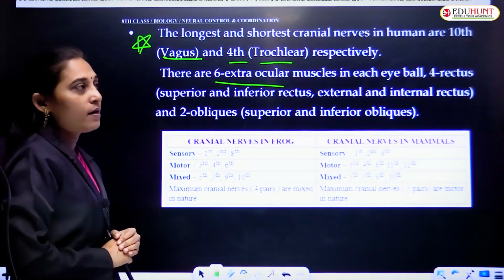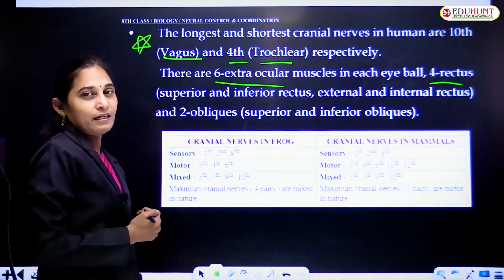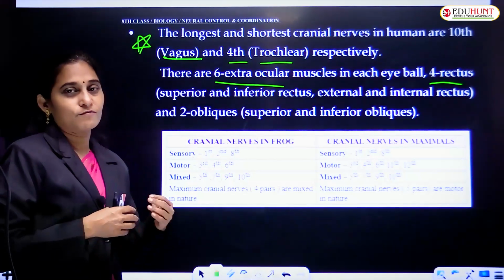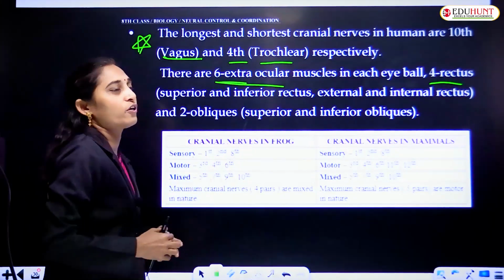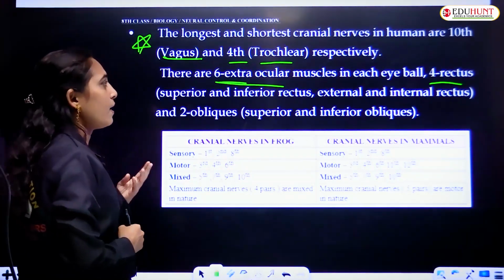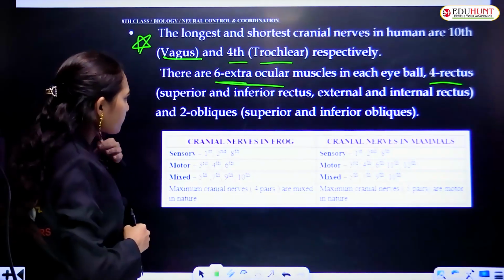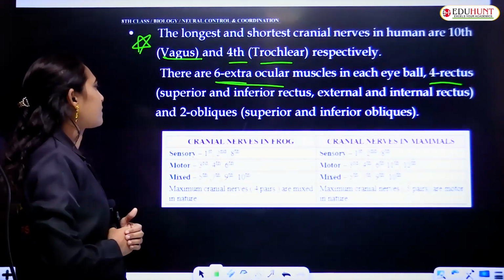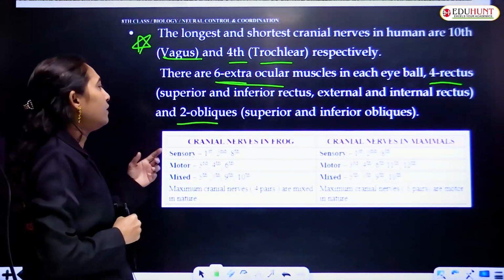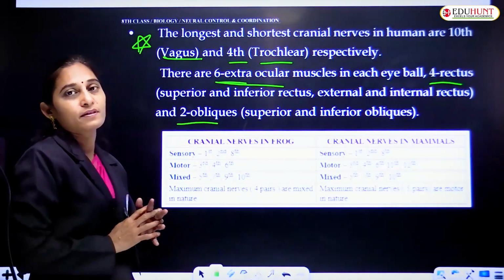Out of the 6 extraocular muscles, 4 are rectus muscles, that is superior, inferior, external and internal rectus, and 2 are oblique, that is superior and inferior obliques.